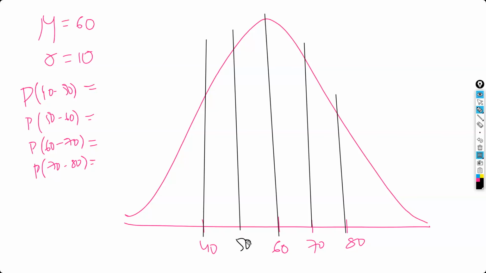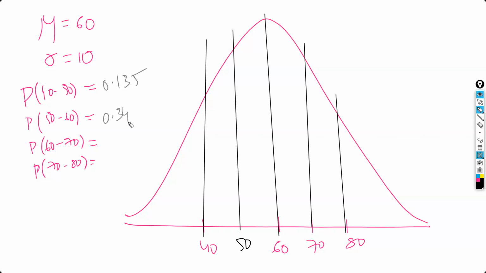First one, 40 to 50. Start with 40 to 50 in your notes. 40 to 50 you have done now. 0.135, done. What is the value of 50 to 60? 0.34.